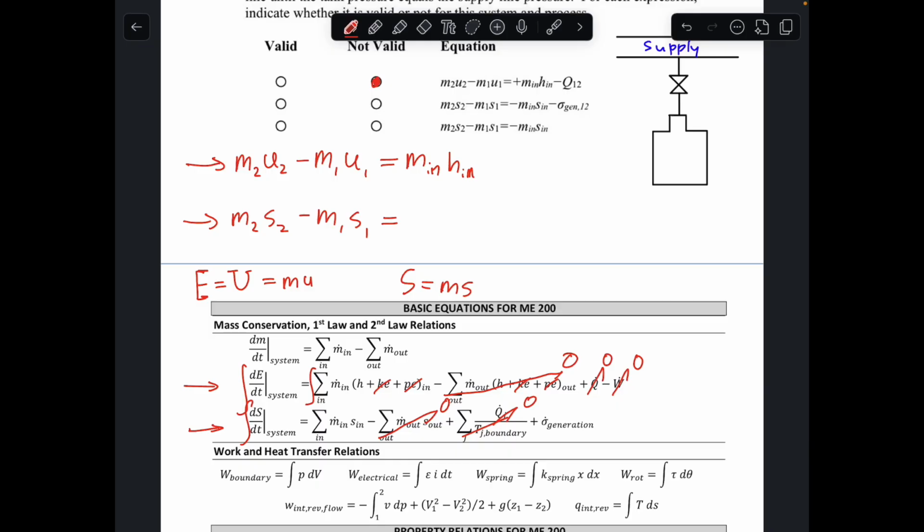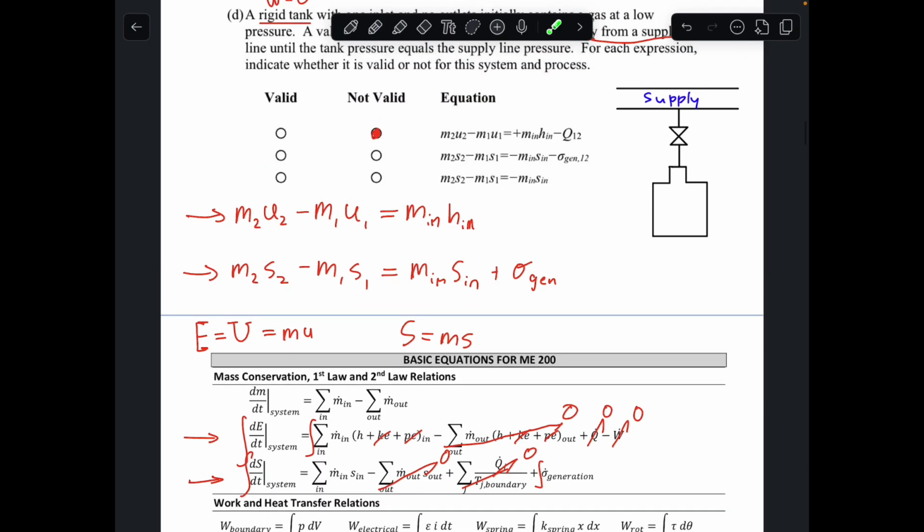And that should just be equal to, once we integrate this m dot term, it just goes to the total mass, m in times s in, plus sigma gen. So we integrate this term, and the dot just goes away down here, and we're left with the total entropy generation.